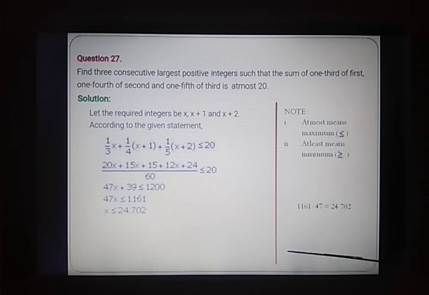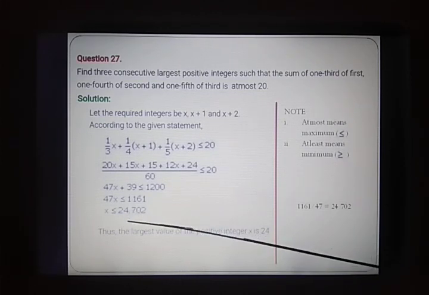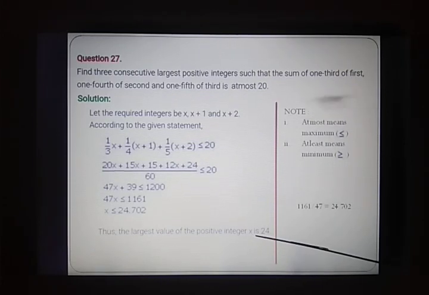So less than this, the immediate integer is going to be 24. So that's why the largest value of positive integer x is 24. So the required integers are 24, the next consecutive integer is 25, and the next is 26. So pause the video to note down.